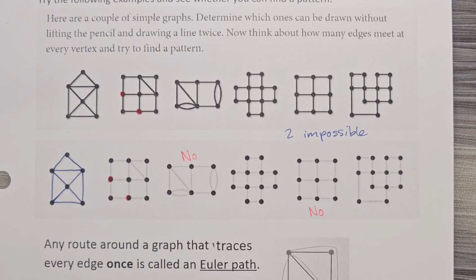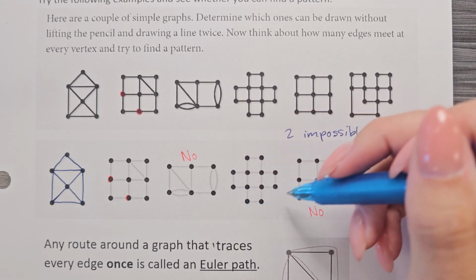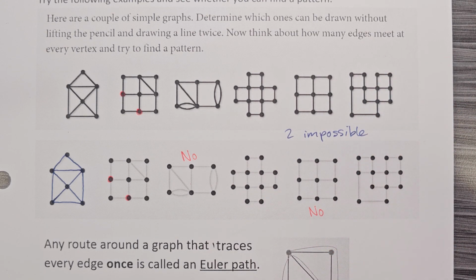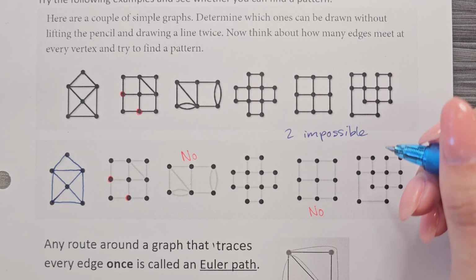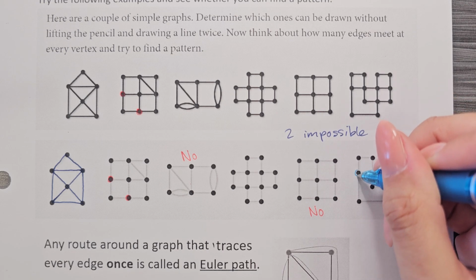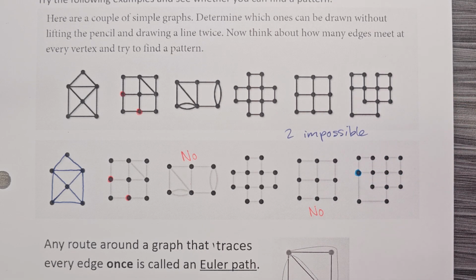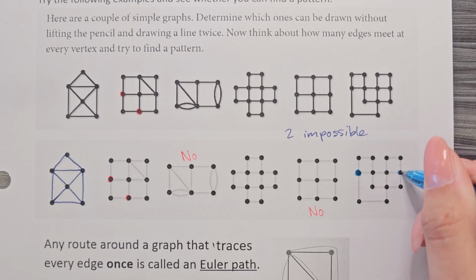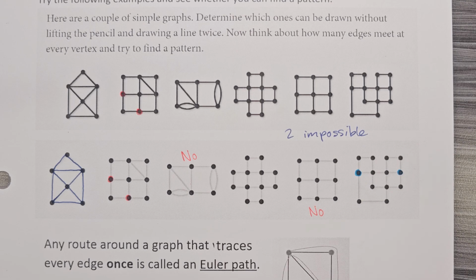Among the others, this one was possible, and you should be able to start on any dot and make it work. But on this one, you specifically would need to start on this dot, or you could have started on this dot as well. And either way, you should be able to complete the pathways necessary.